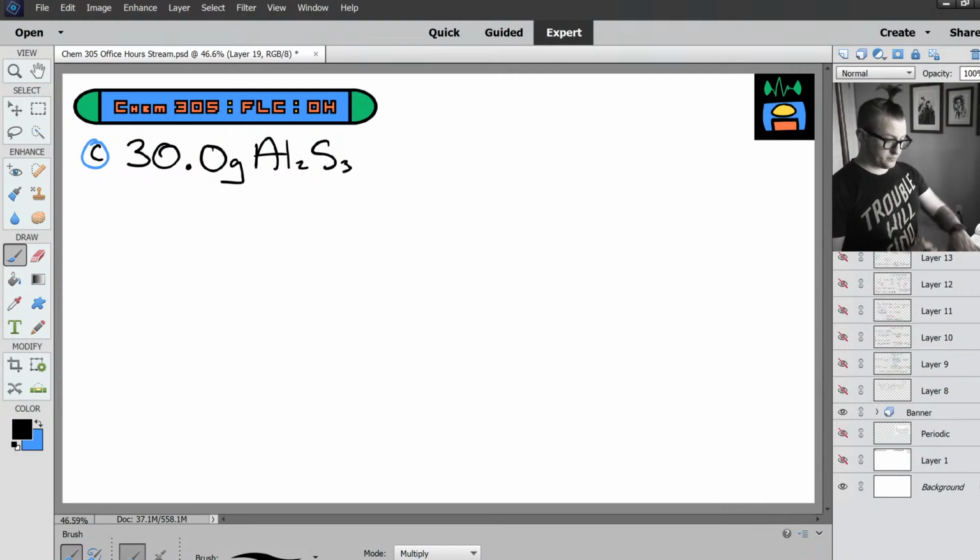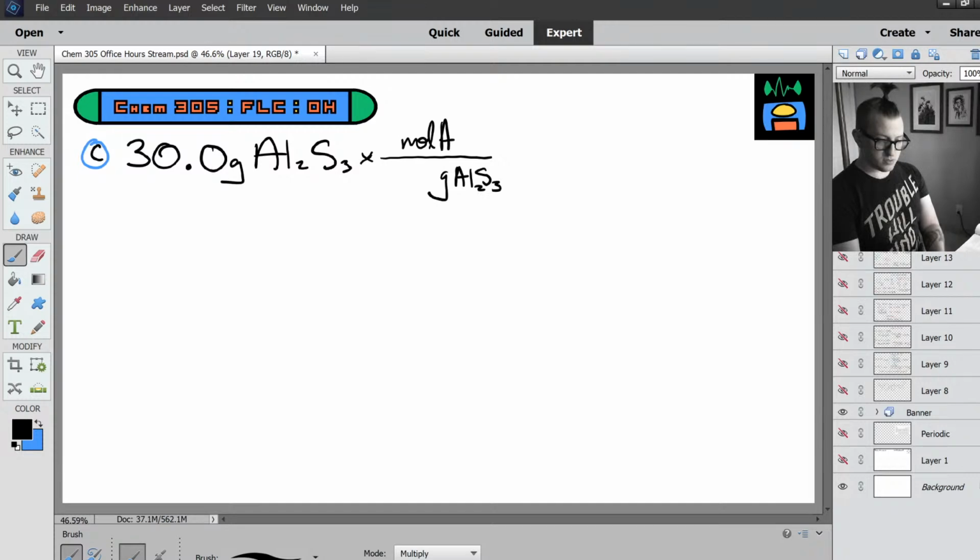All right. So okay, let's get into it. Step 1, we got to convert from grams of aluminum sulfide to moles.